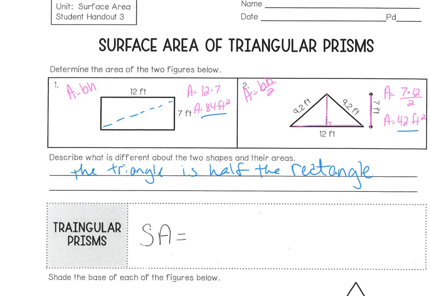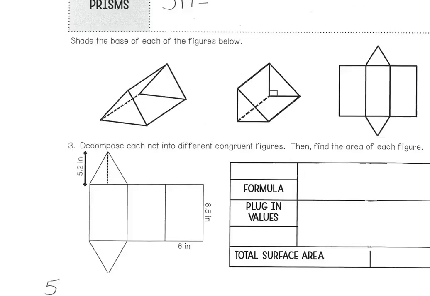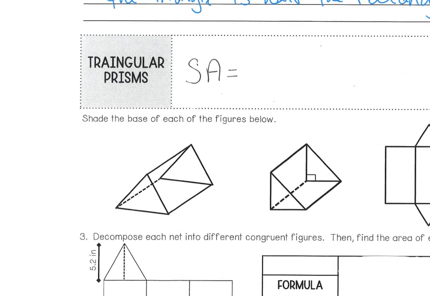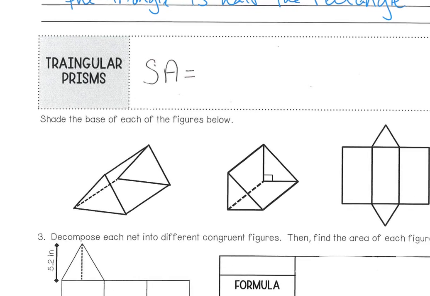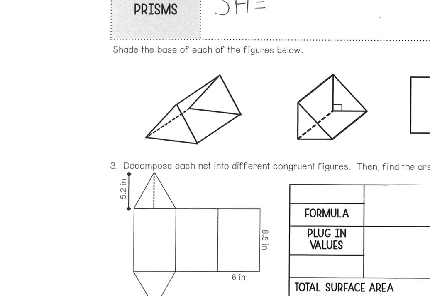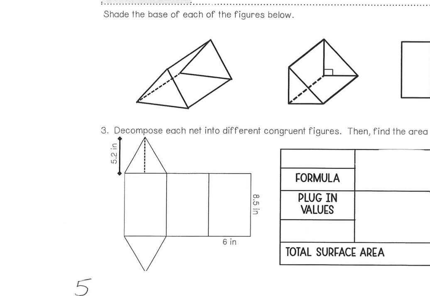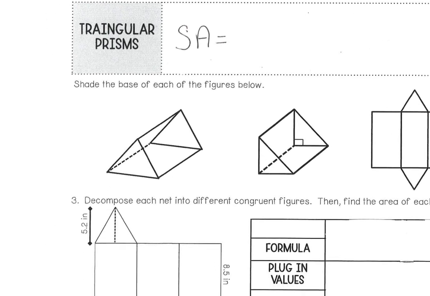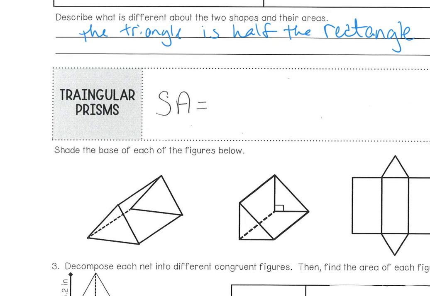Now, when we talk about triangular prism, here, if we take a look at this, we have 2 triangular prisms. These are all triangular prisms, but there's 2 that are 3D. This one is a net. And then we have another net here. It's decomposed. And you'll notice that we've been talking about there are 2 triangles.